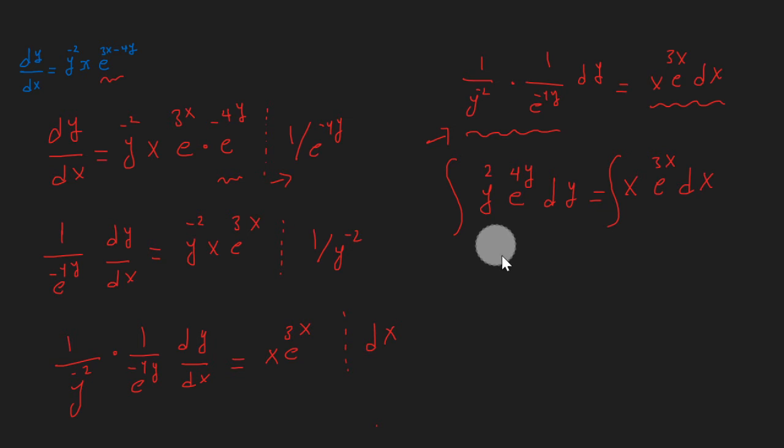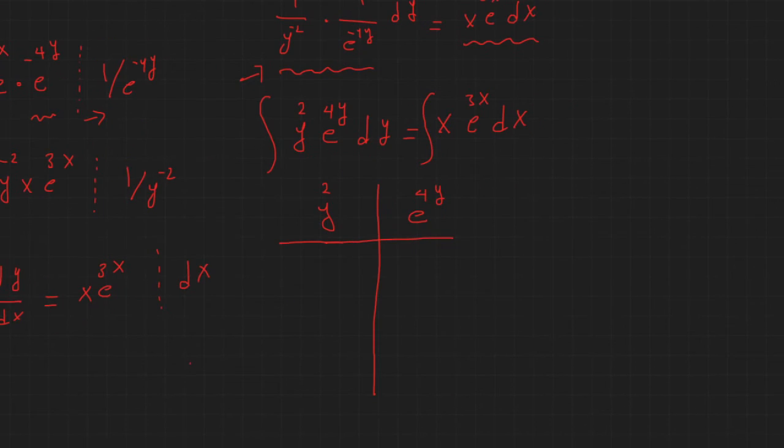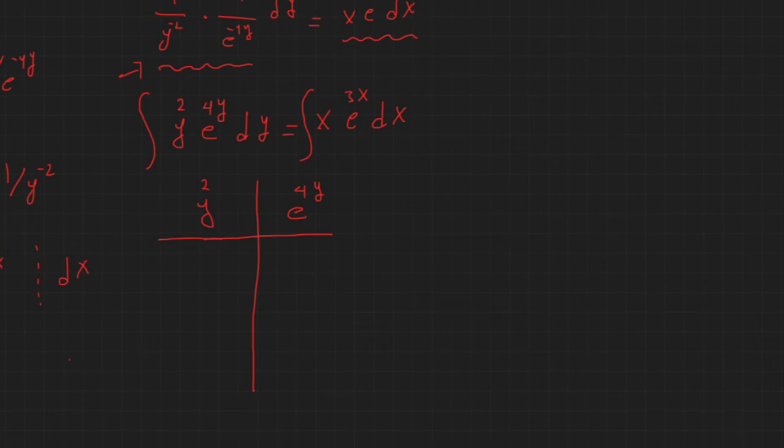Okay, so I'm going to do that by using a table, where in this table I'm going to write the term I'm going to differentiate on this side and the term I'm going to integrate on this side. Let's have some space.